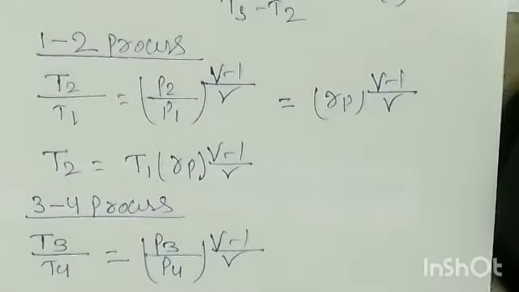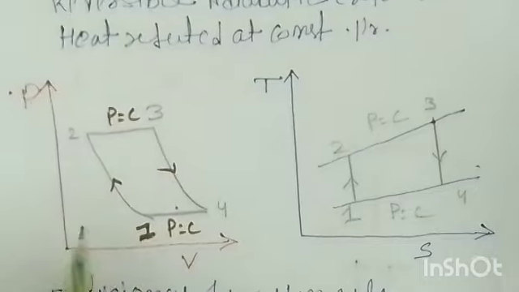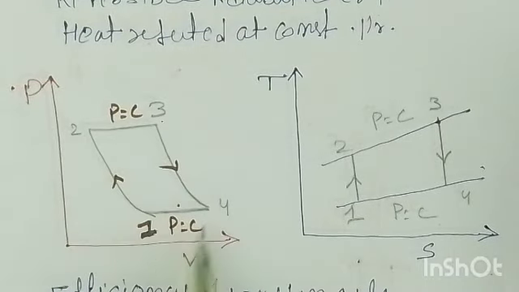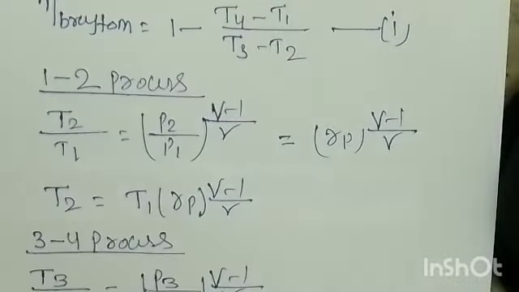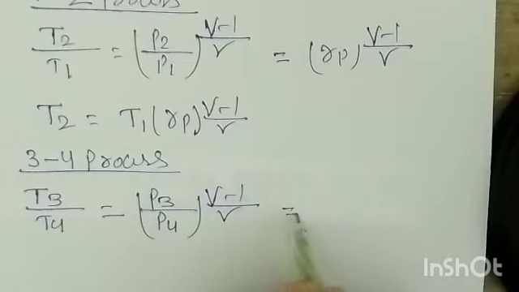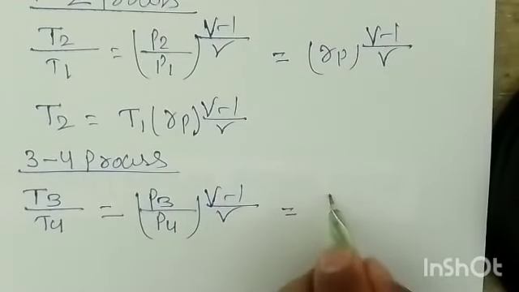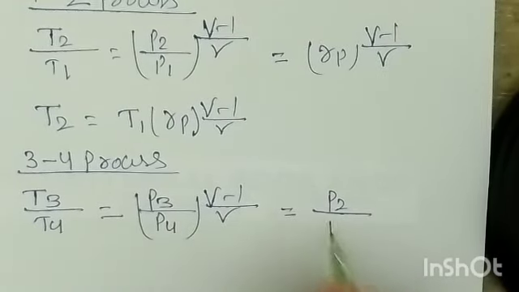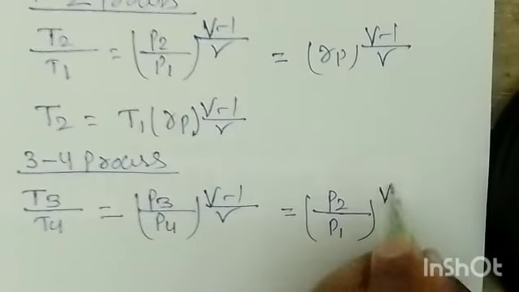If you look here, P3 is equal to P2 and P4 is equal to P1. Why? Because these are constant pressure processes, right? So this equation further leads to P2 by P1 whole power gamma minus 1 by gamma.